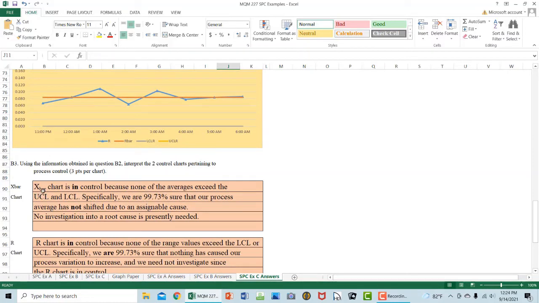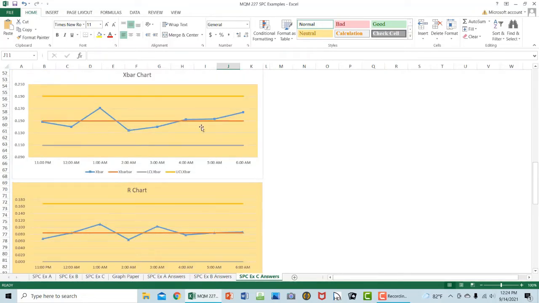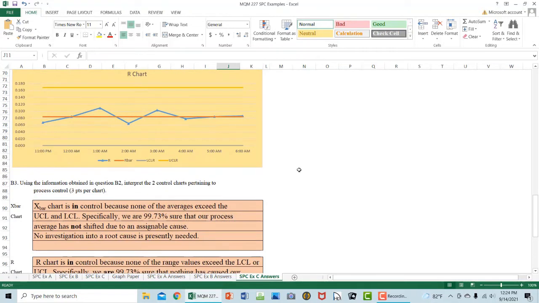And then I would say for my comments, my X bar chart is in control. It's predictable because none of the averages exceed the upper control limit or lower control limit. Specifically, we are 99.73% sure that our process average has not shifted due to an assignable cause, a specific cause, not just random variation.